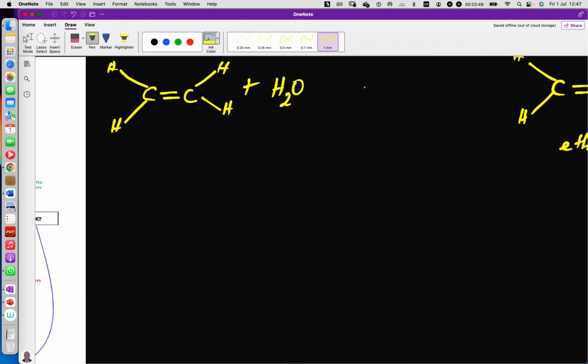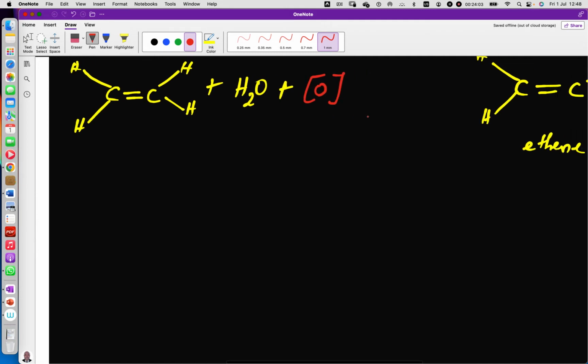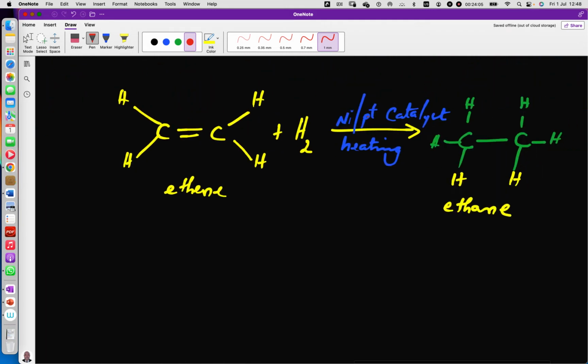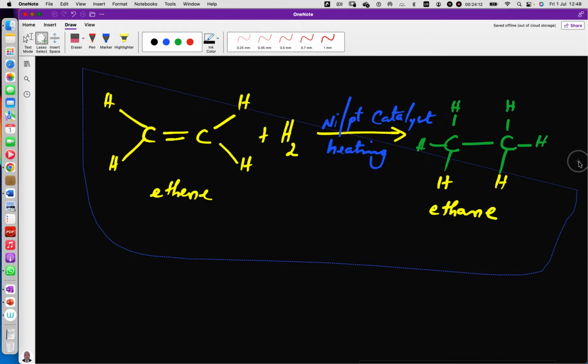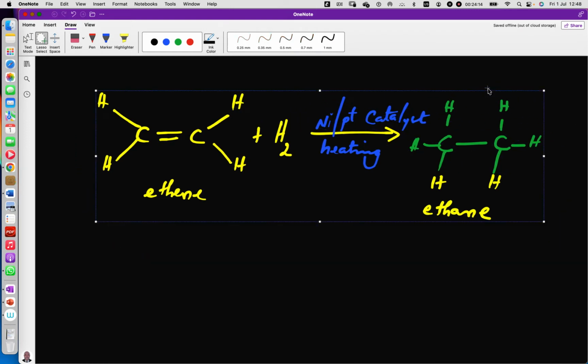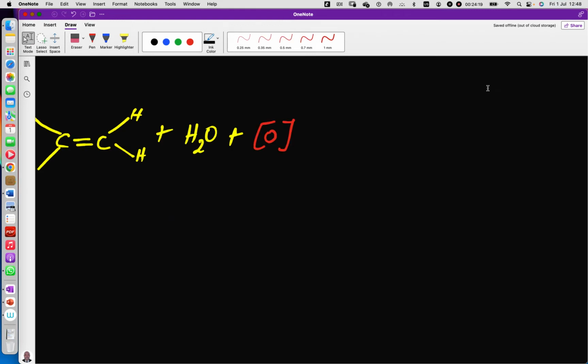Then plus potassium manganate 7. Remember that potassium manganate 7 is an oxidizing agent, and the role of an oxidizing agent is the provision of oxygen. So in this oxidation that is taking place, we are adding oxygen to it. This is the oxygen that we are adding.